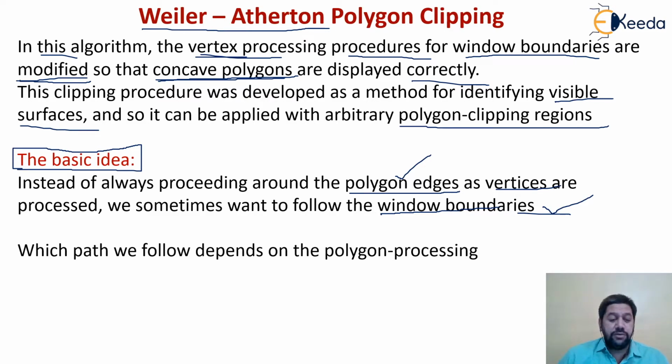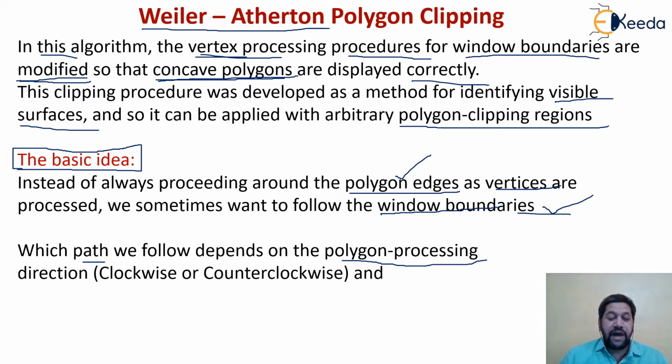With paths, generally we start with the first vertex v1, then v2, v3, v4, and follow this path. Which path we follow depends upon the polygon processing direction. In the Weiler-Atherton algorithm, path means whether I go from v1 to v2, v3, v4, v5, or start from v1 to v5, then v5 to v4, and so on.